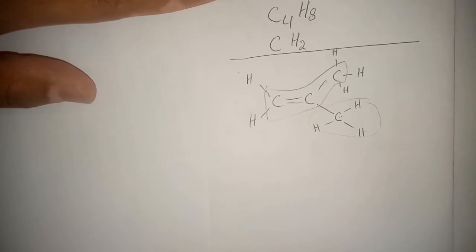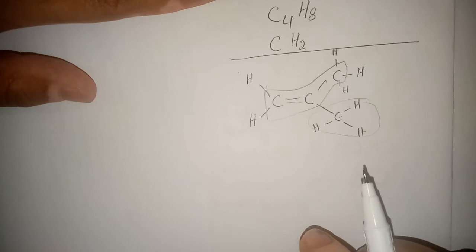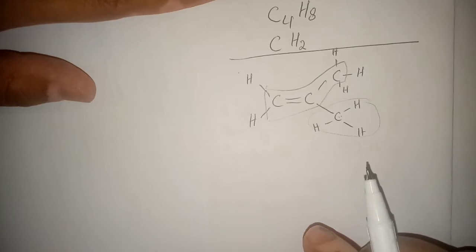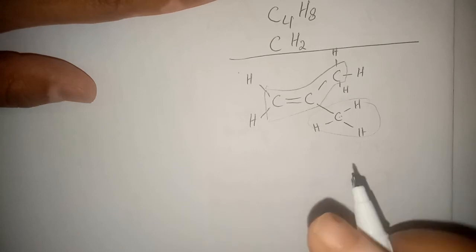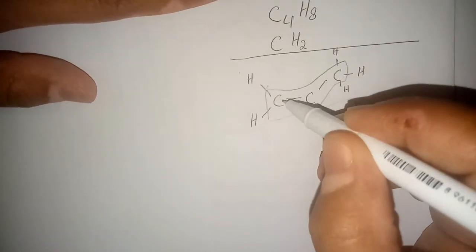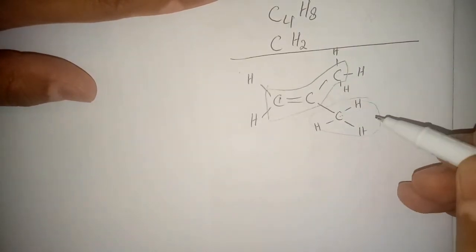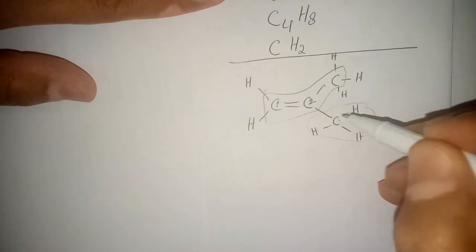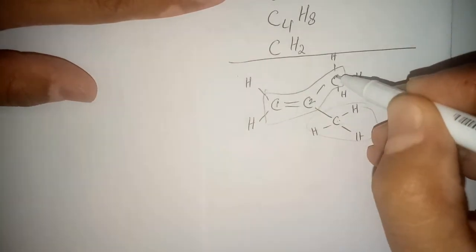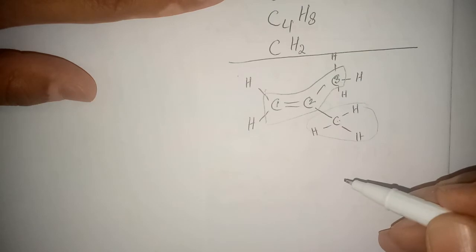Now we have to number the long chain, but start numbering from the terminal where the carbon to carbon double bond is closer. So this will be the preferable numbering, like this will be carbon 1, this will be carbon 2, and this will be carbon 3.